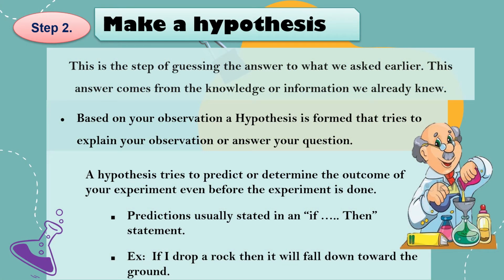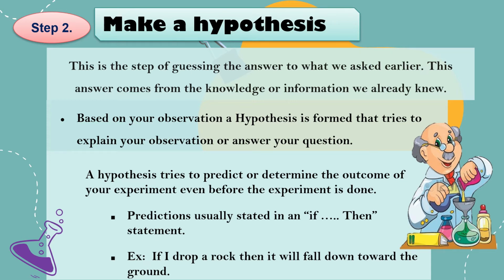Making a hypothesis. This is the step of guessing the answer to what we asked earlier. This answer comes from the knowledge or information we already know. Based on your observation, a hypothesis is formed that tries to explain your observation or answer your question.